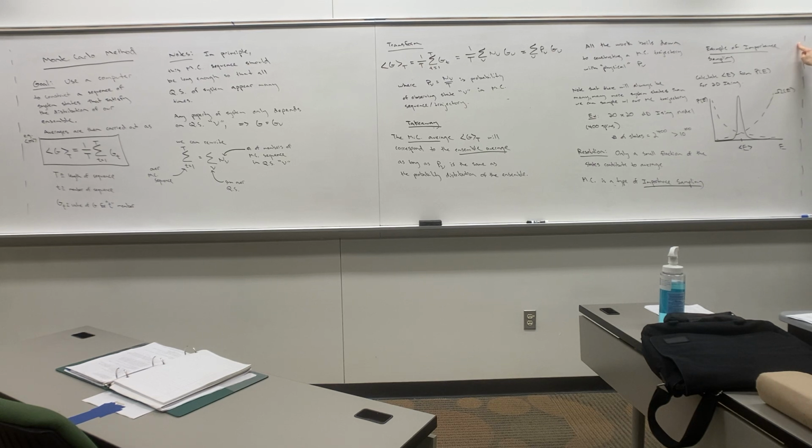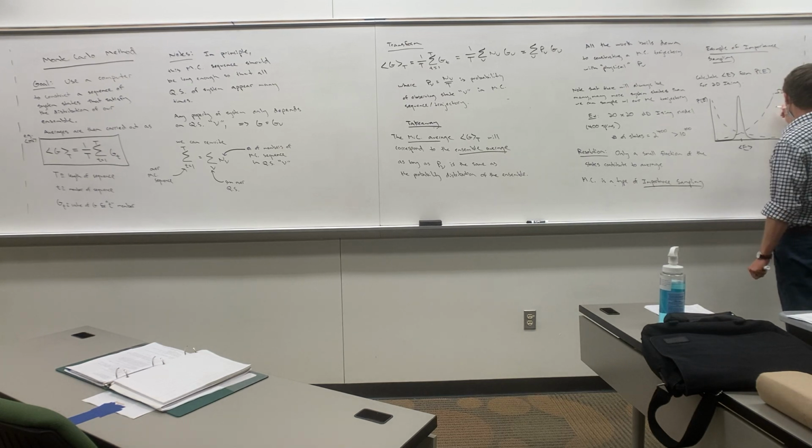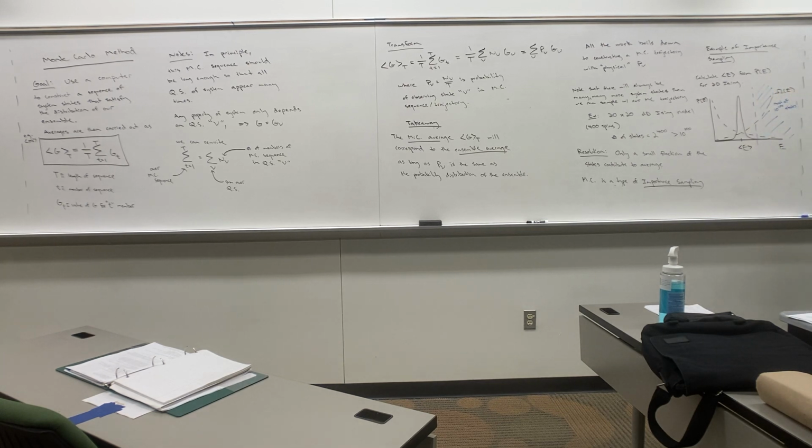So most of my states are over here, but my average is over here, so I don't care. Most of my 10 to the 100 states are in this region. So forget about them. We don't care.